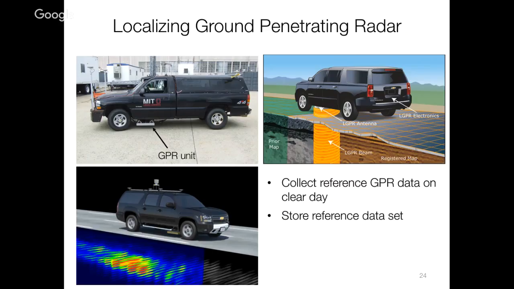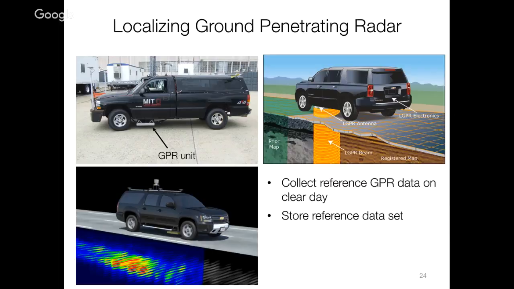So here's a possibility. You take a GPR unit, actually many GPR units, and mount them underneath some vehicle. The GPR signal goes down, and you drive over some region on a clear day and collect a reference data map for that particular road.